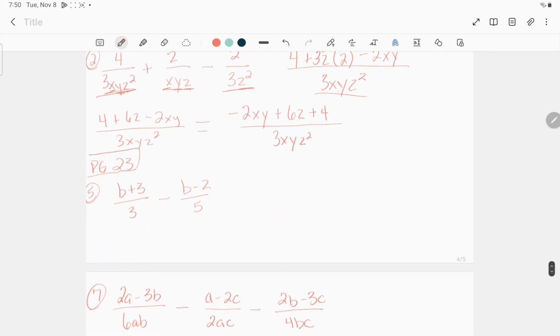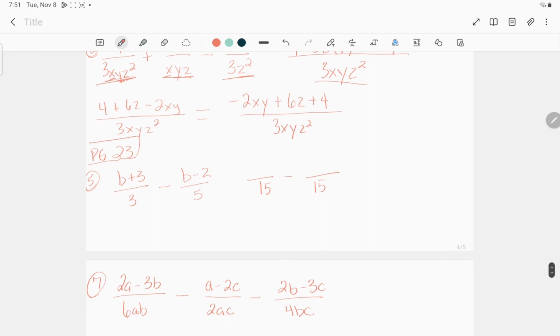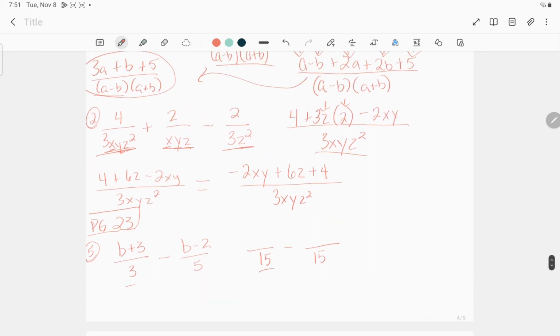All right, number 5 over on page 23. What is my least common multiple between 3 and 5? That is 15. So 3 goes into 15 5 times: 5 times b plus 3.